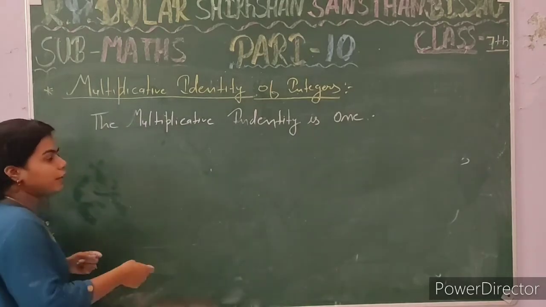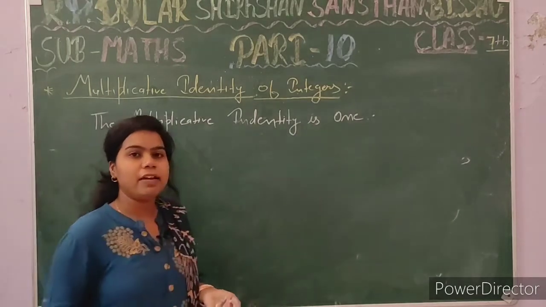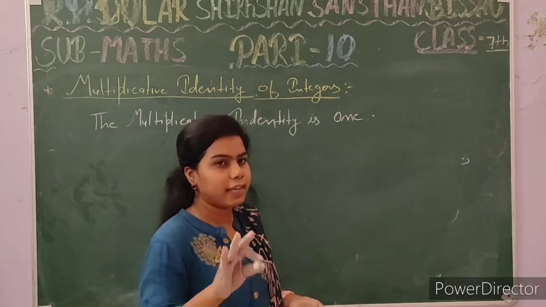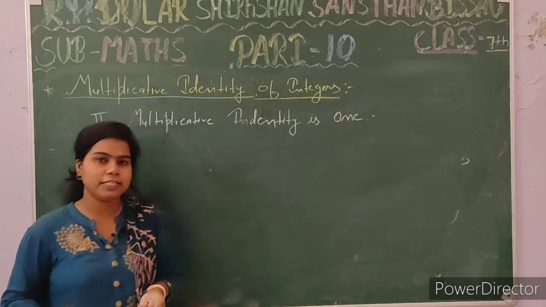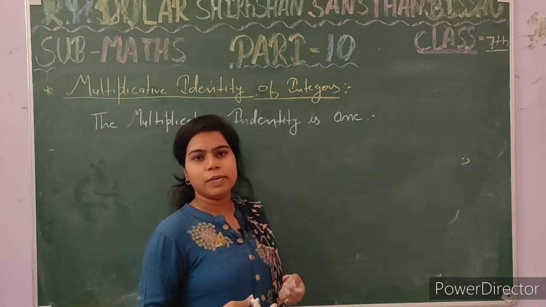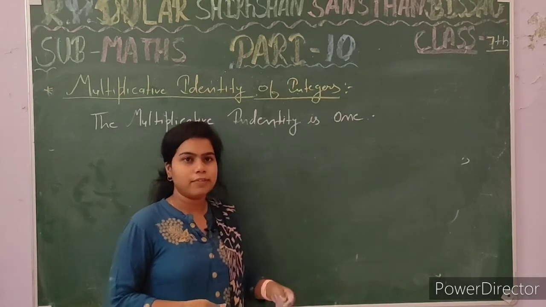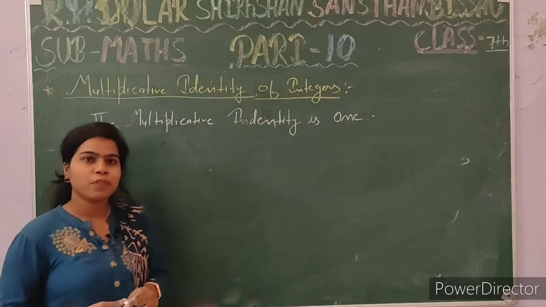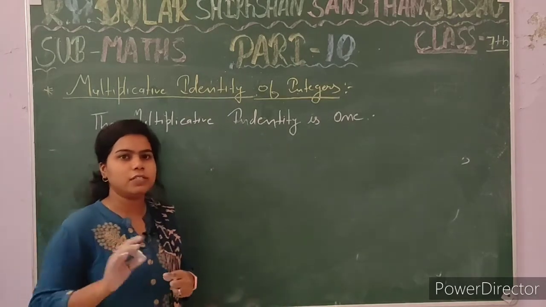It means if we have any integer a, then which digit will be multiplied to the given integer a and give the integer a?